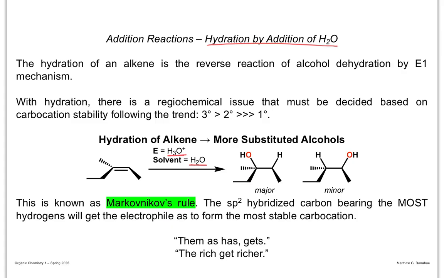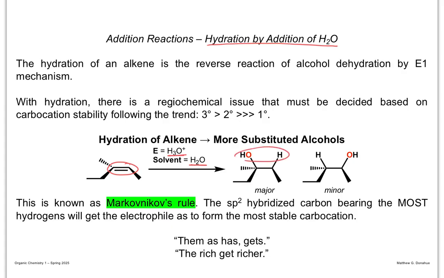There's our model alkene, the cis-3-methyl-2-pentene. When we identify the double bond, we're going to add the elements of H2O across that. It doesn't happen all in one step, but overall you've added an H and an OH.